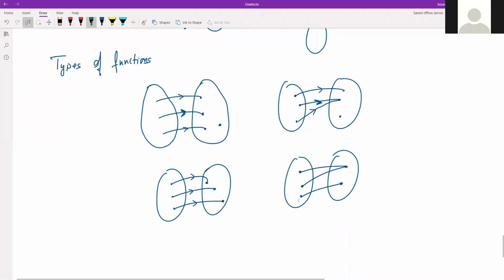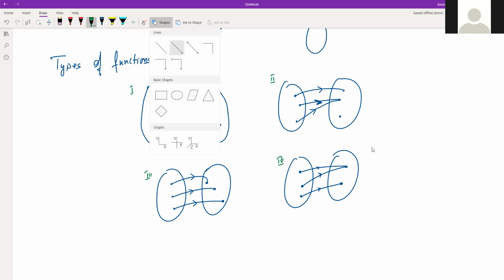Okay, so now if you see these four different categories, which are four different possibilities in which a function can exist. These are the only forms in which a function can exist, and all are functions, right? Say this is our type 1, type 2, type 3, and type 4.